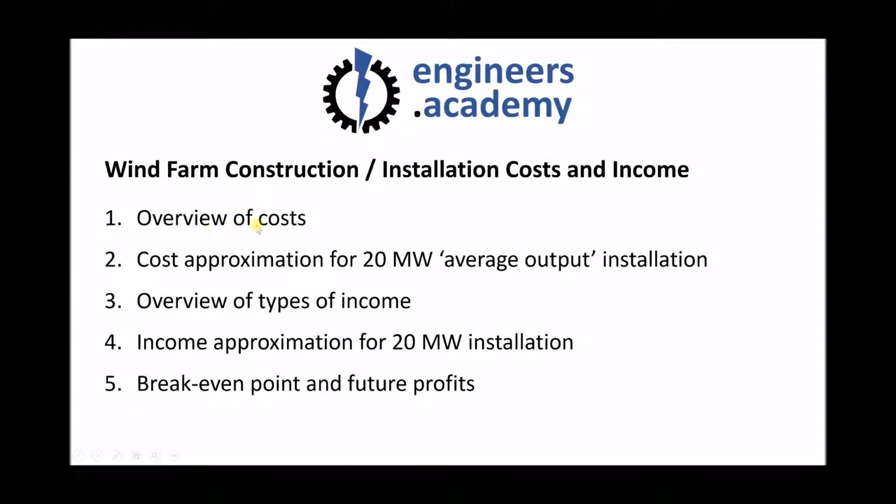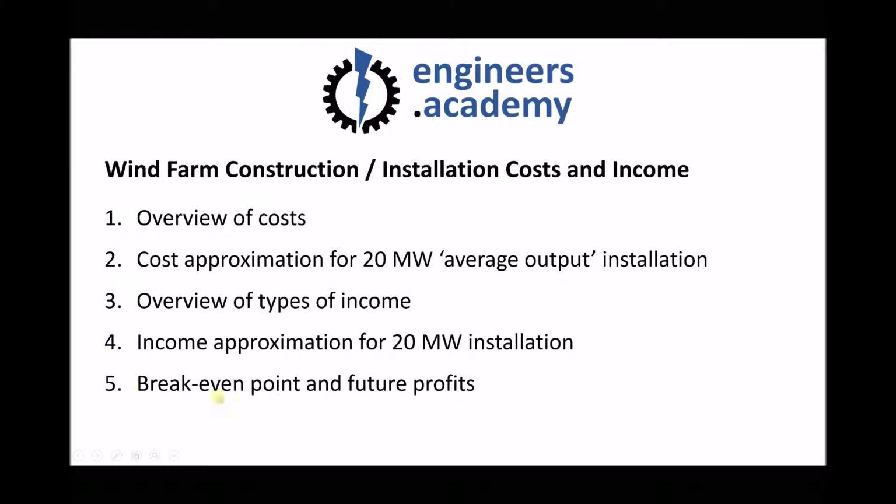So to summarise, we've looked at some of the different costs associated with building a wind farm, and we made an approximation of the cost of our 20 megawatt average output installation. We looked at some of the sources of income, and we made an approximation on how much income our 20 megawatt installation was likely to produce. We did make some assumptions there, because first of all we assumed that we would be exporting our electricity, and we also used the relatively low export prices in order to carry out our approximations.